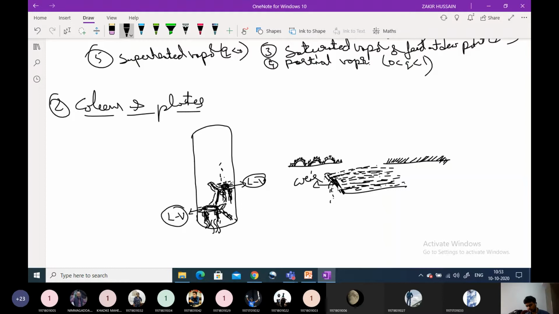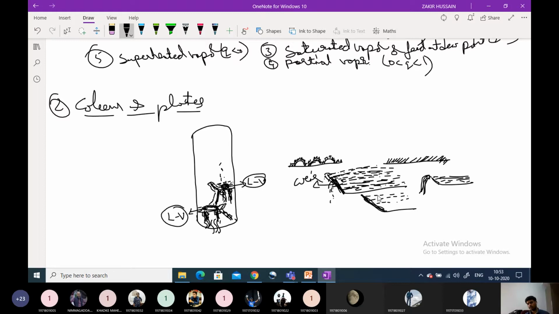If the weir height is very low, then immediately the liquid will be held on the tray and it will start to overflow. So when it is overflowing, the contact time between vapor and liquid is very low. If the weir height is very high, what will happen? The operating time of the distillation column will be very high. So we need to optimize this weir height.